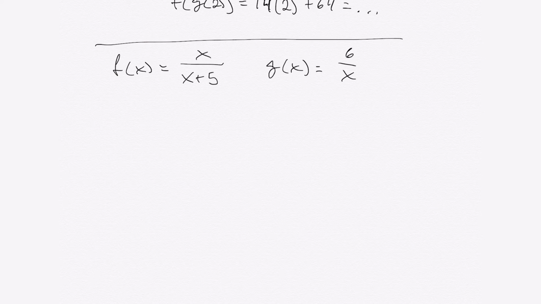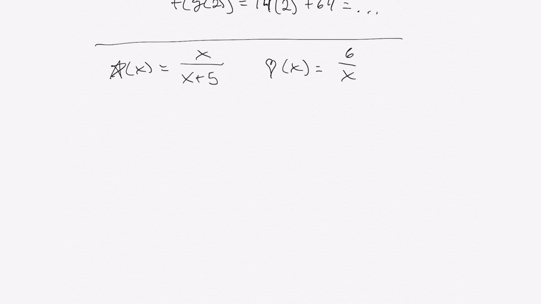Let's get rid of the f, let's get rid of the g, let's be more creative. You could call them star and heart if you wanted to. It's kind of a sad looking heart, but some hearts are more perky than others, I suppose. It's a little weird, but just to drive home the fact that we can call the functions whatever we want, it doesn't always have to be f of x.